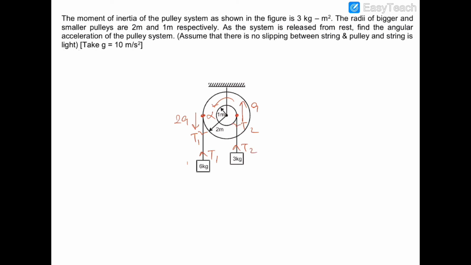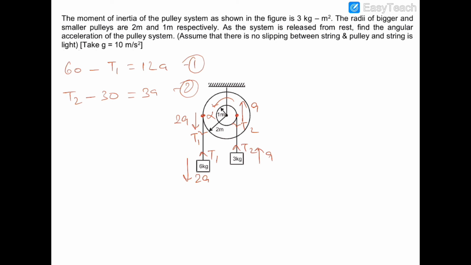So we can write down the equation of this 6 kg mass. So the equation of 6 kg is 60 minus T1 is equal to 12a, first equation, and equation of 3 kg is T2 minus 30 is equal to 3a. This is the second equation.